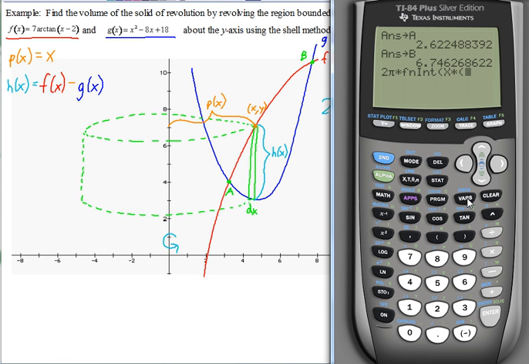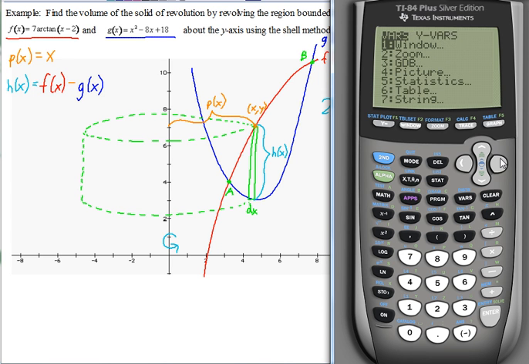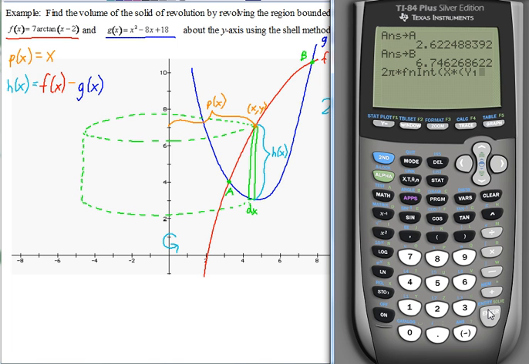F of x we have in our calculator is y1, so variables, y1 minus variables, y variables, y2, and then close parentheses, then comma, our variable is x, comma, lower limit alpha A, comma, upper limit alpha B. And then just be accurate to 3 decimal places, so we get 489.866.